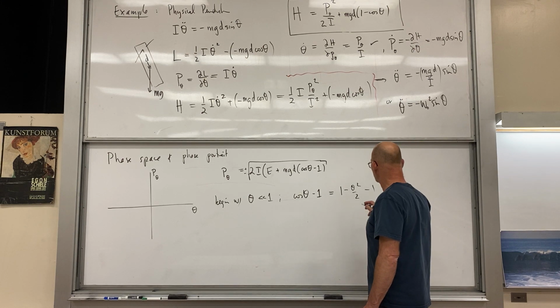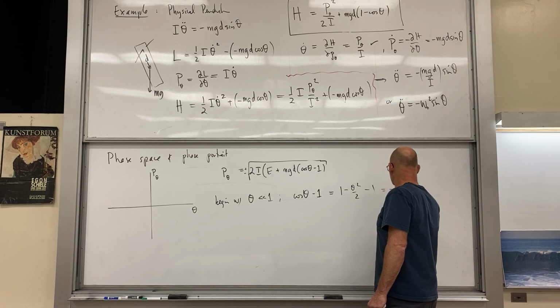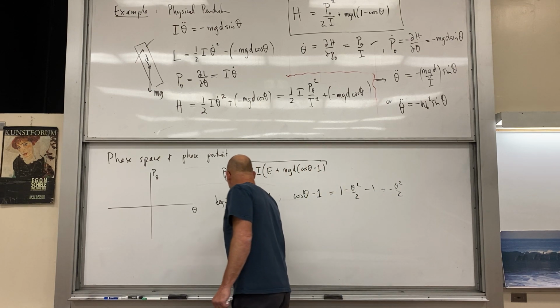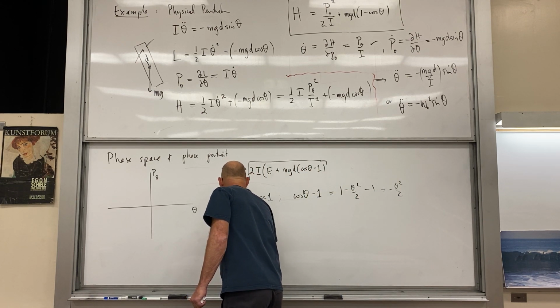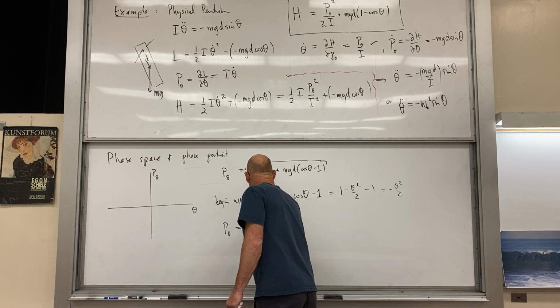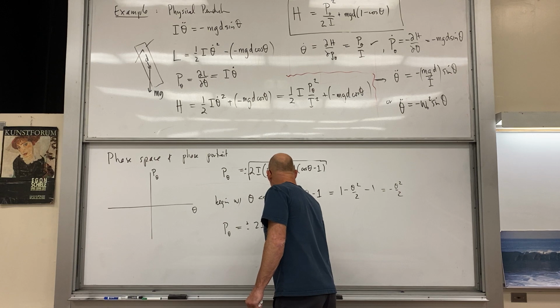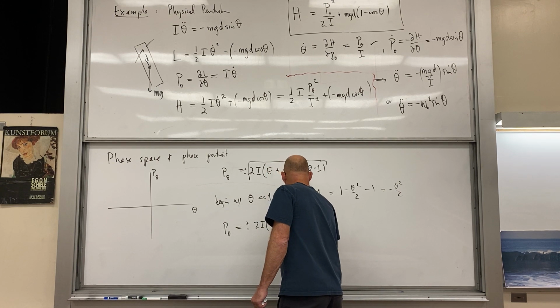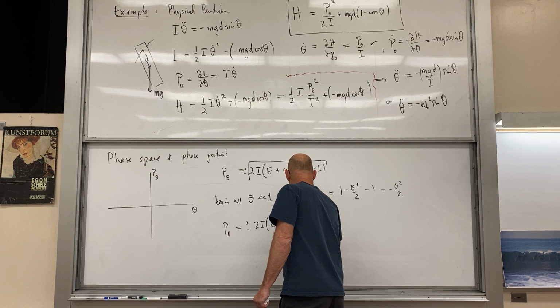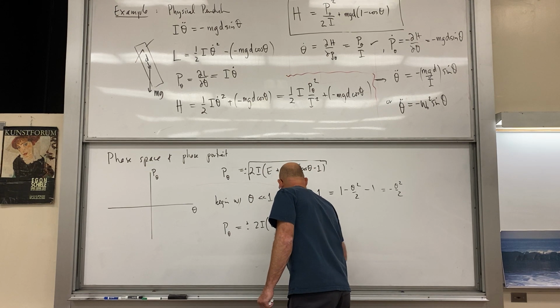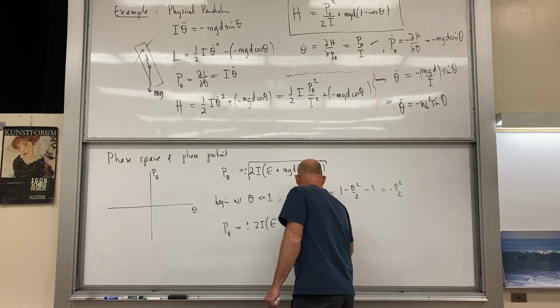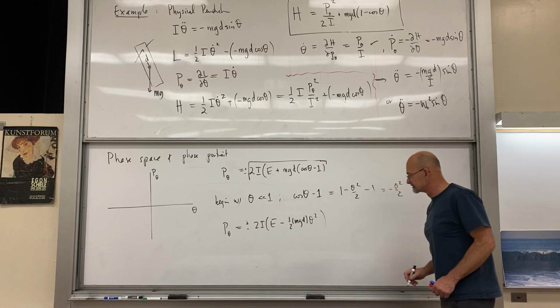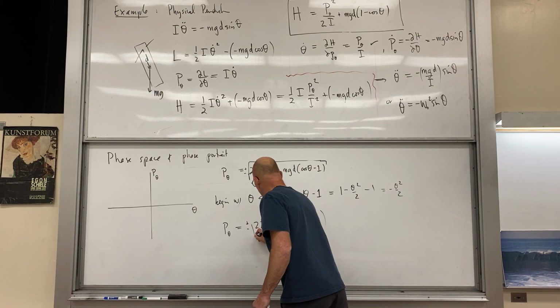So we go into the p sub theta here, and that's plus or minus the square root of 2I times E minus 1/2 mgd theta squared.